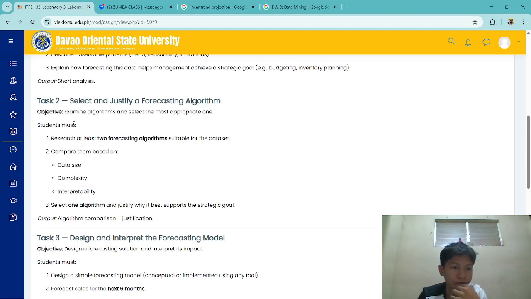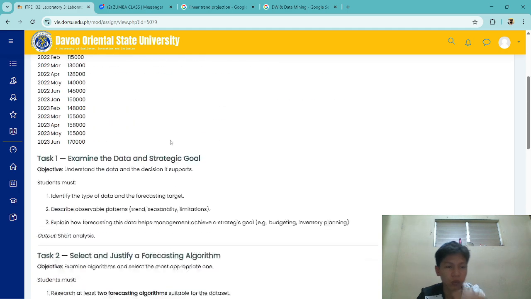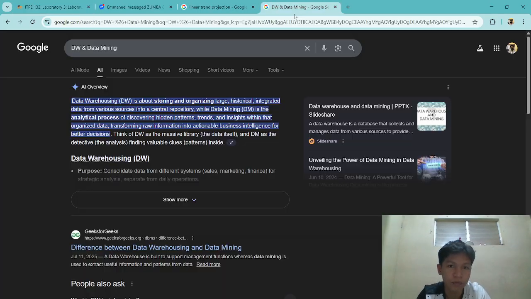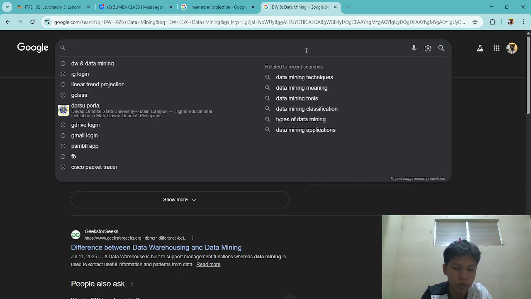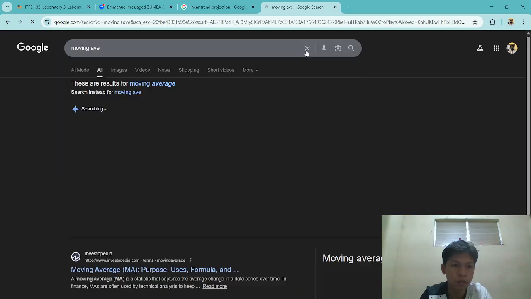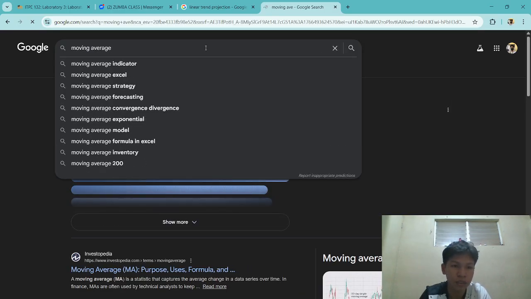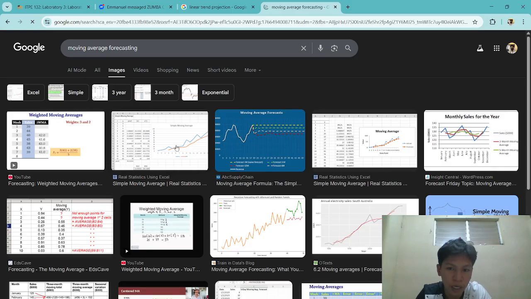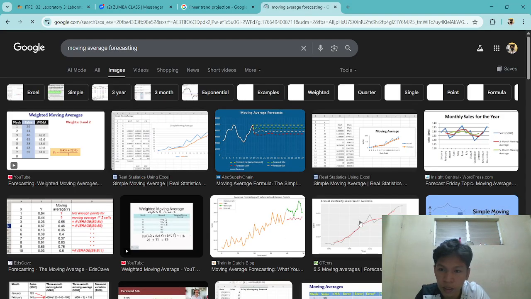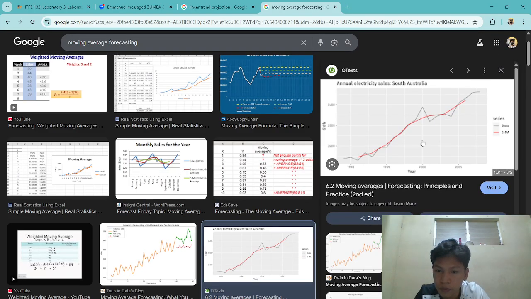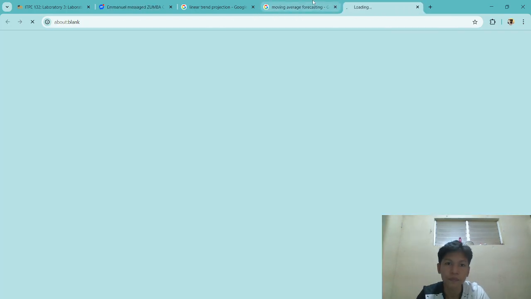Okay, so task two, we're going to research at least two forecasting algorithms. One of the forecasting algorithms we found is the moving average. When we say moving average forecasting, it's like this chart. We'll reference this example because it's easy to understand.